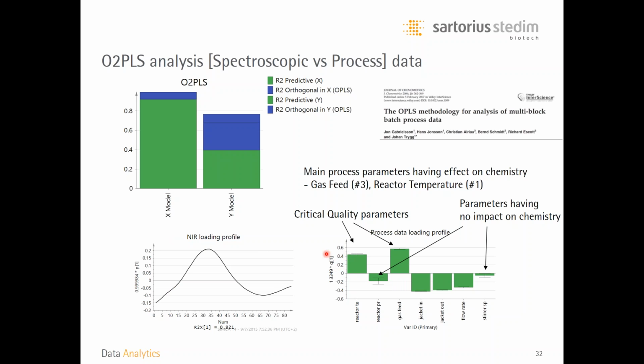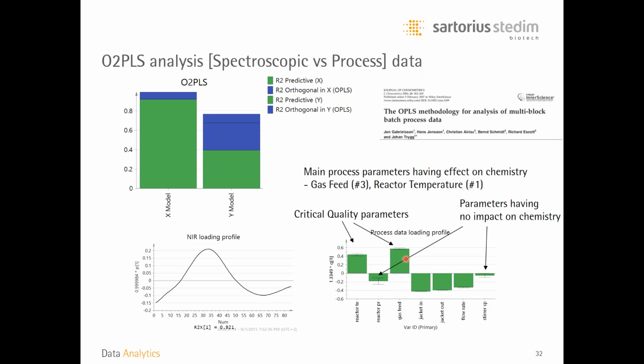So now we're looking at the information overlap between the spectral data and the process data, and because we are aware of the fact that the spectral data are very closely adhered to the chemistry, then whatever we see here in the loading plot on the process side, on the Y side, would be process parameters that have a high impact on the chemistry and parameters having no impact on the chemistry.